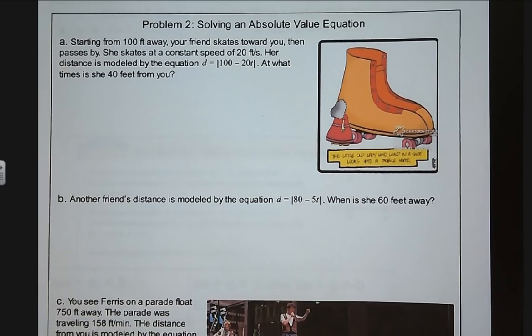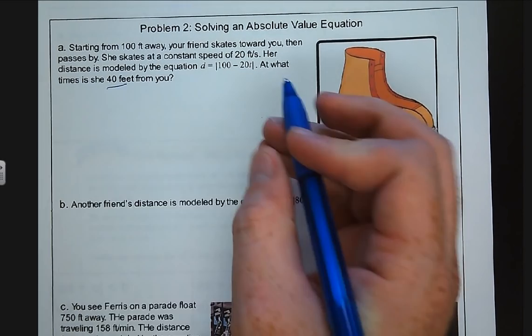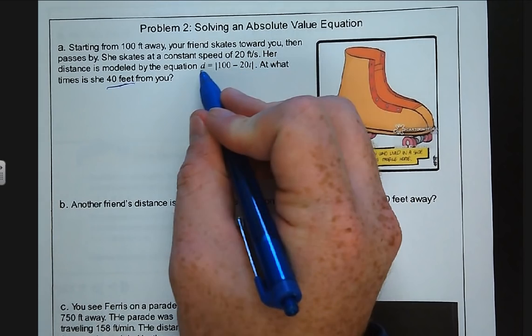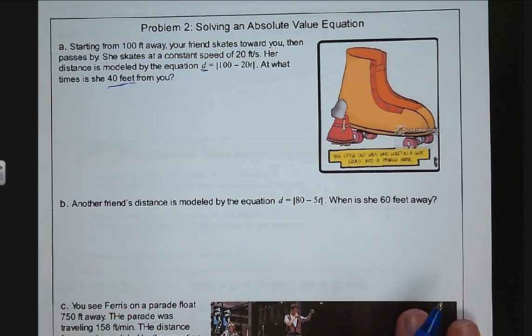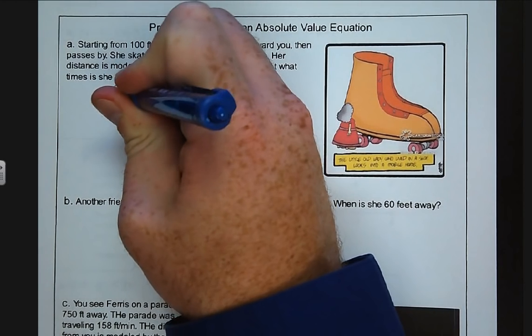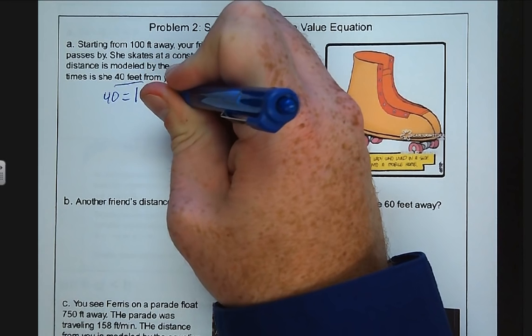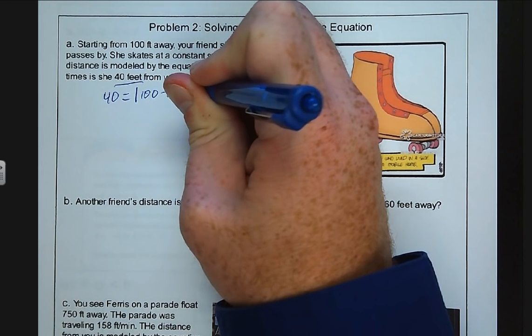At what times is she 40 feet from you? So we want to know our distance is 40 feet, so we're going to plug that into our distance equation. So we have 40 is equal to the absolute value of 100 minus 20t.